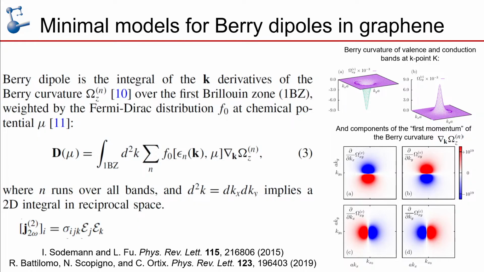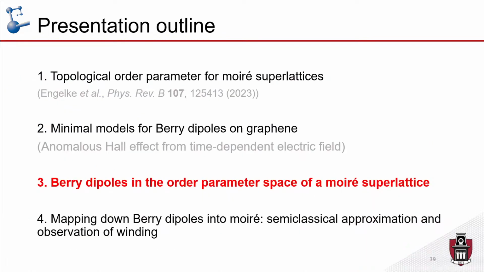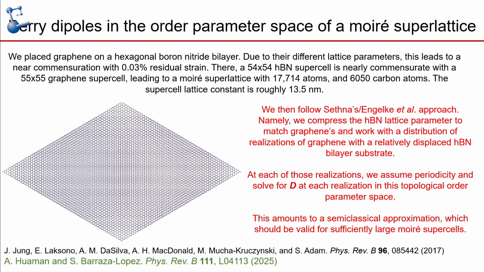So with that, we just go for that. The moiré that we have doesn't arise from a rotation, okay? In this case, it arises because we have two materials with different lattice parameters.